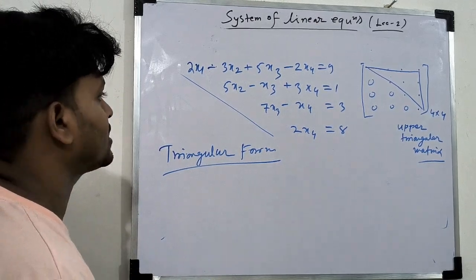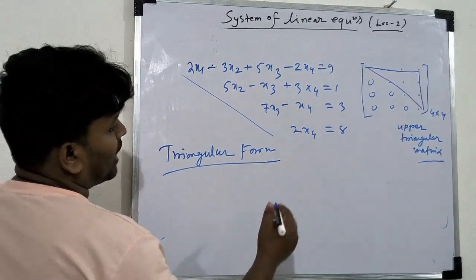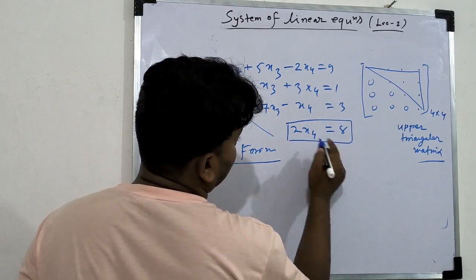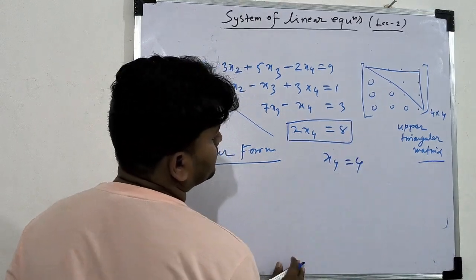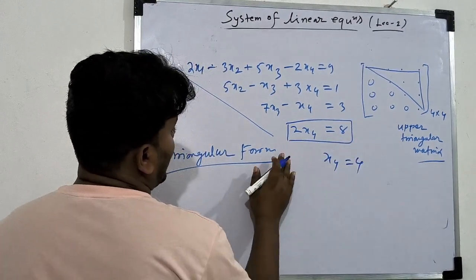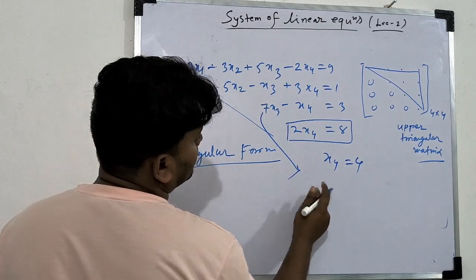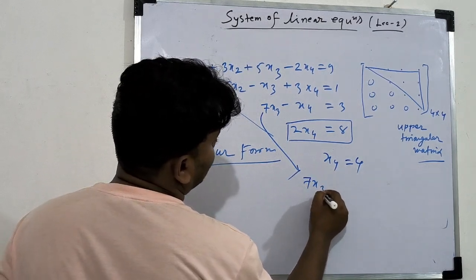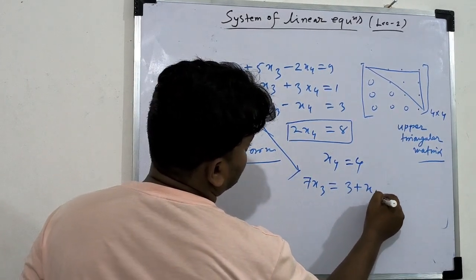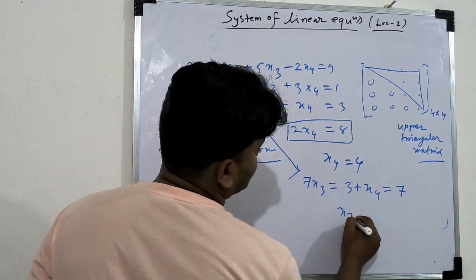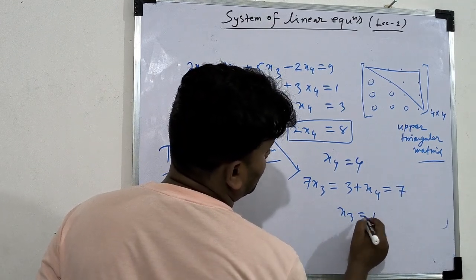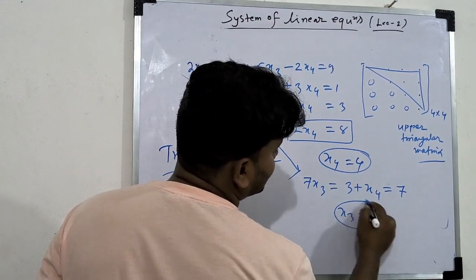So what is the benefit of this form? You can see from the last equation, you can find x4. So x4 equals 8 by 2, that is 4. And from the third equation, by putting in x4, you can find the value of x3, which is 3 plus x4, that is 7. So x3 equals 7 by 7, that is 1. So x4 is 4, x3 is 1.